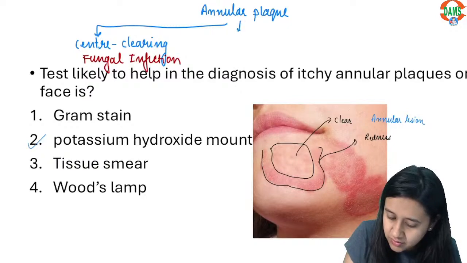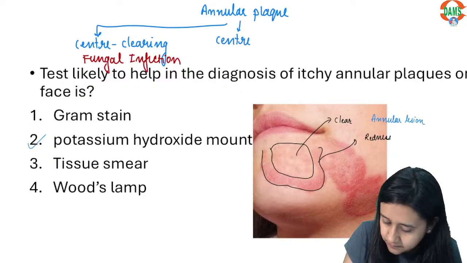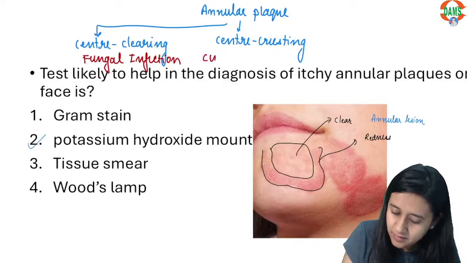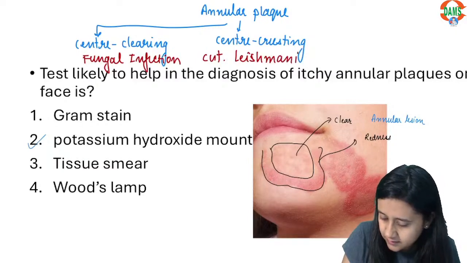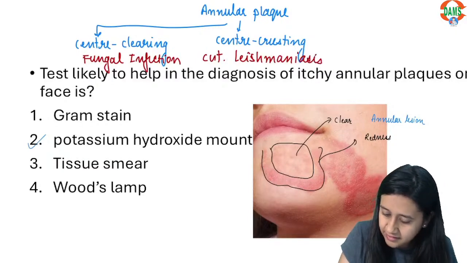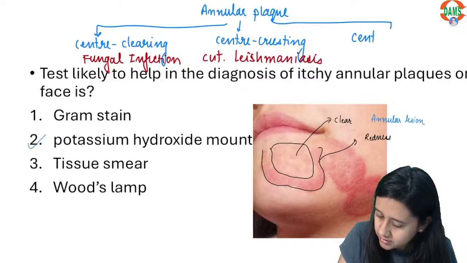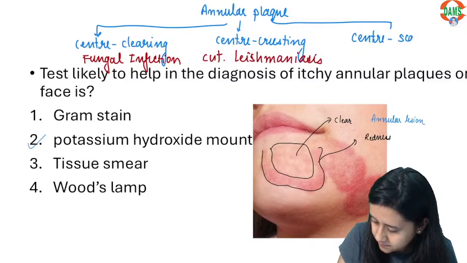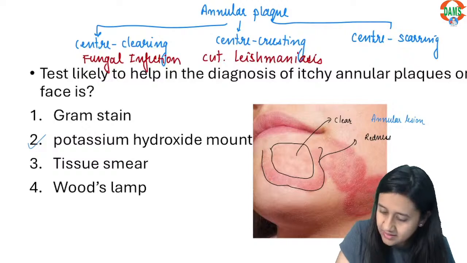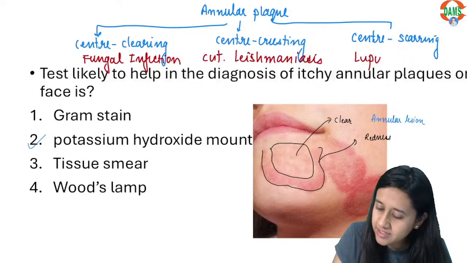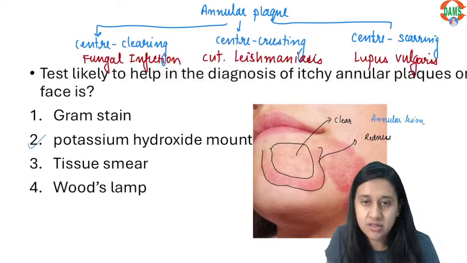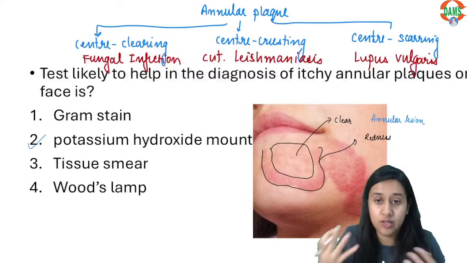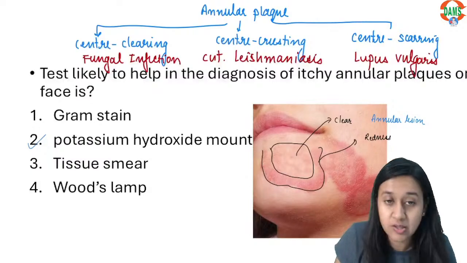If the center shows crusting, leishmaniasis, cutaneous leishmaniasis, and if the center shows scarring, this is lupus vulgaris, cutaneous TB. So please remember, annular lesion with center difference, you have to always look for, and you get a lot of questions out of it. Okay.